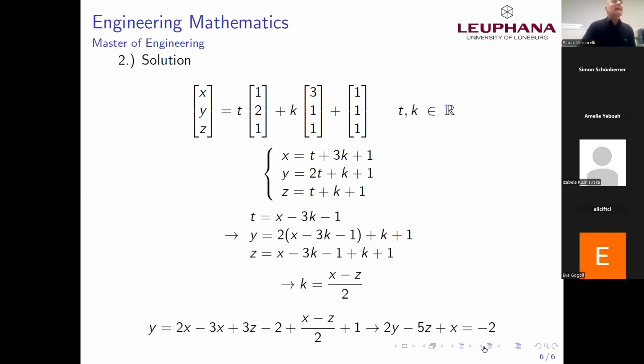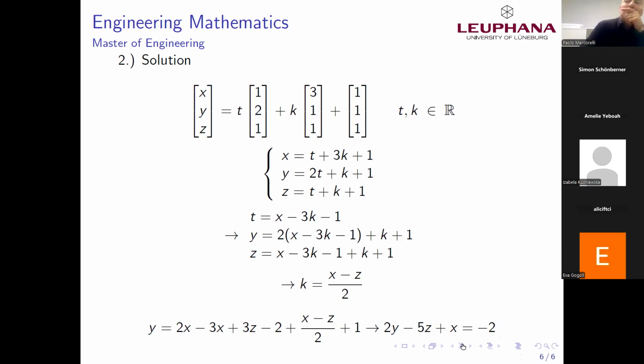If you want, I can recall this concept, because this element here states a plane parallel to the plane 2y minus 5z plus x equals 0, passing through, if you put x equals 0.